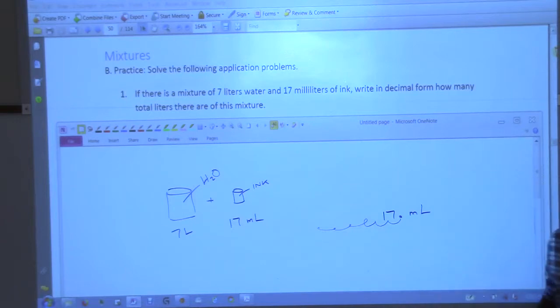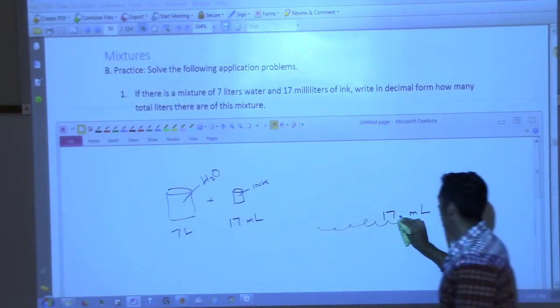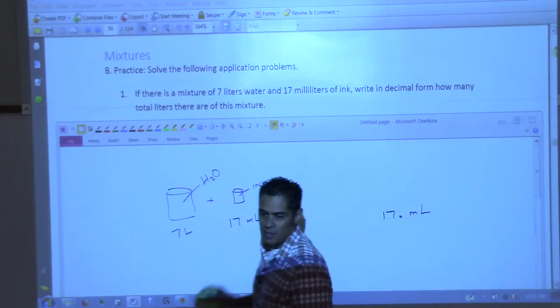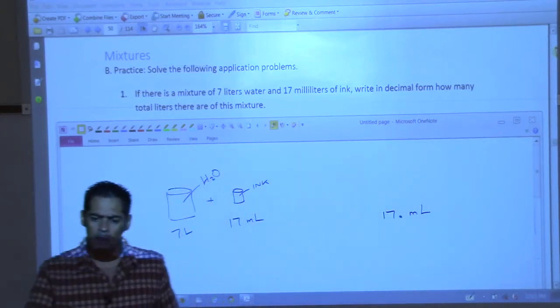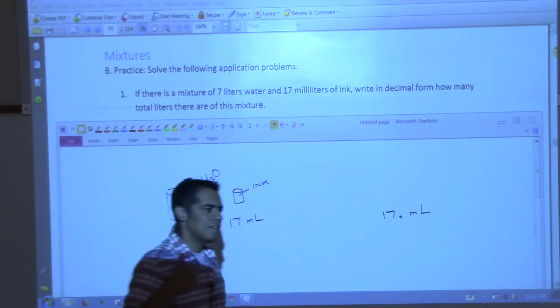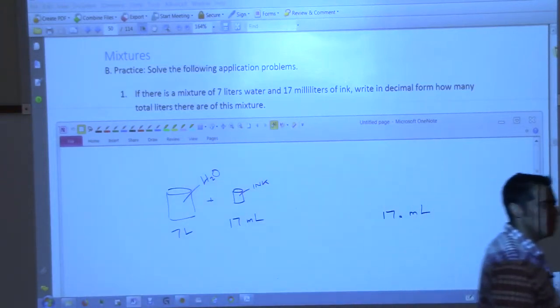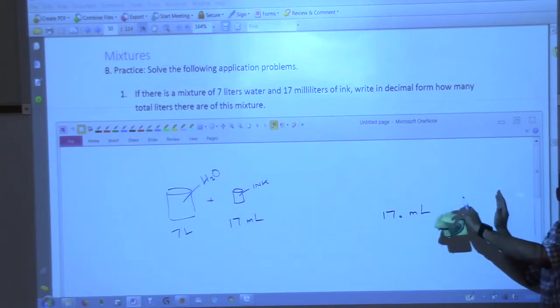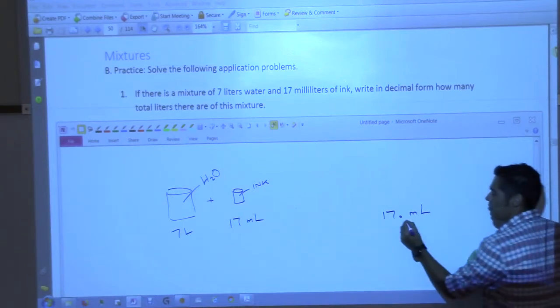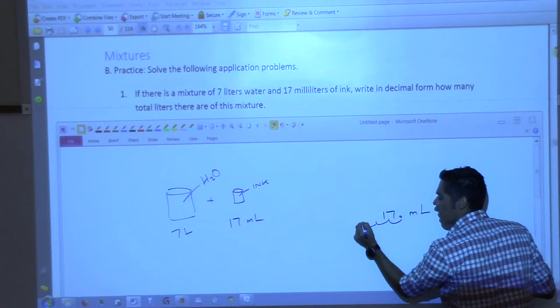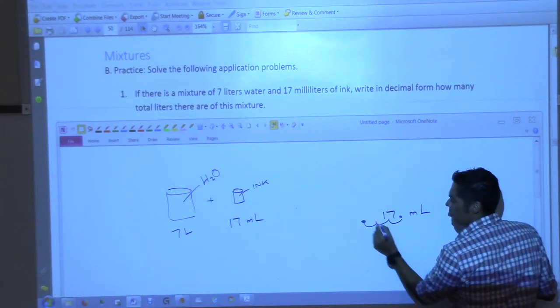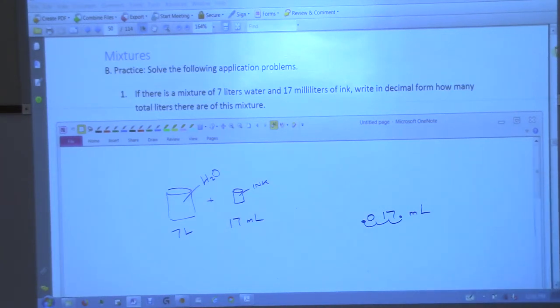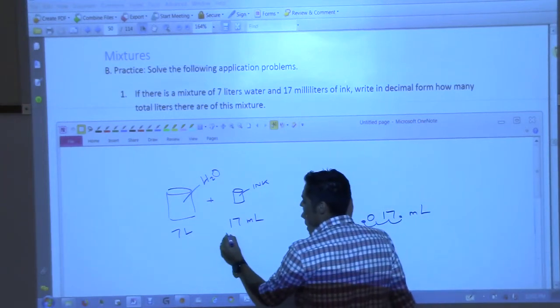You go to your table, there's a chart there. If you're moving from milliliters to liters, what page is that on? 27. So if you look on page 27, you'll see milliliters, and then you have to move 3 places to the left to get to liters. So we're going to move this decimal point 1, 2, 3, put the decimal point here, which means there's one more 0 in there, isn't there?